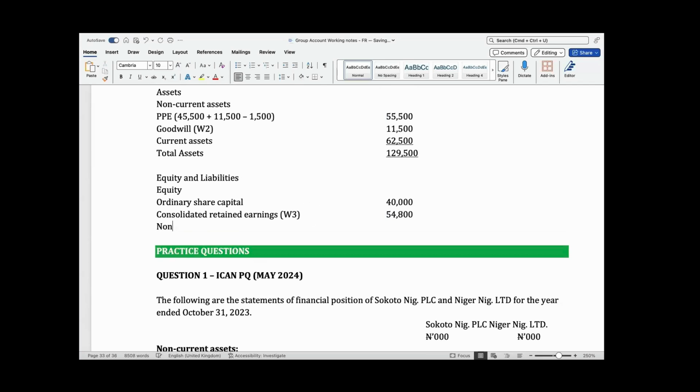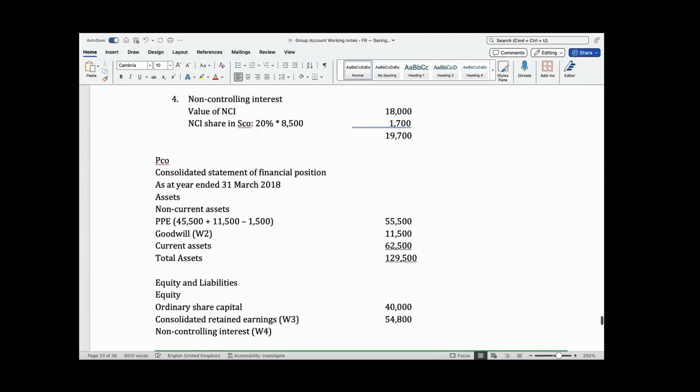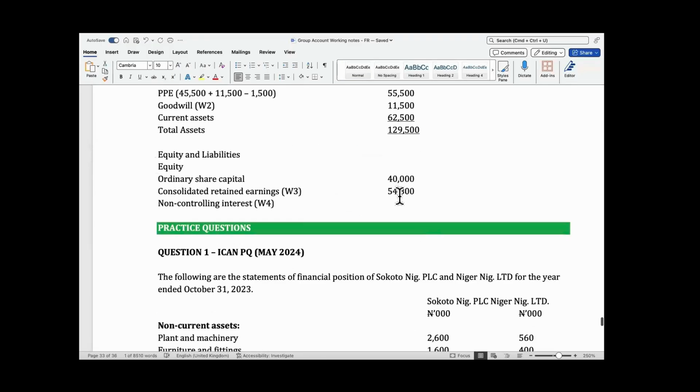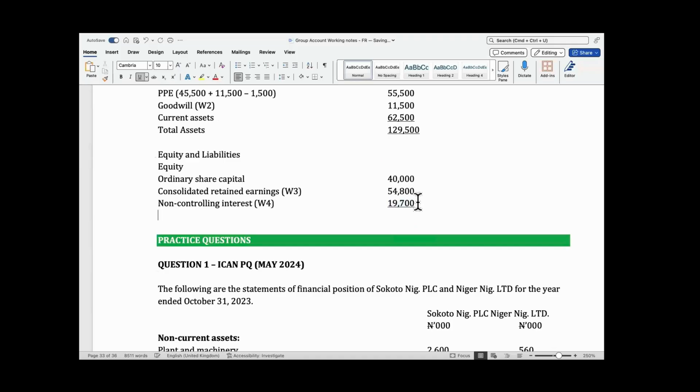Then non-controlling interest is 4, which is 19,700. So what's the total here? Can you please add it? 114,500.